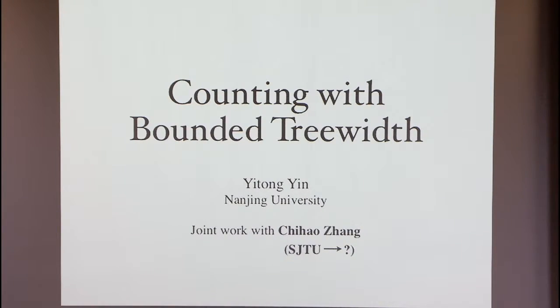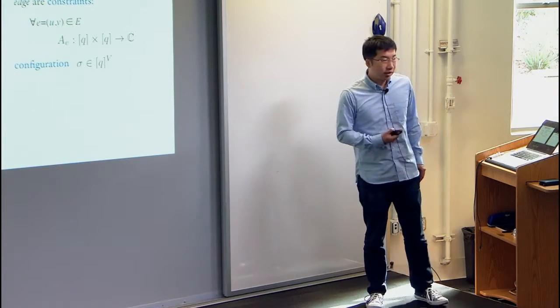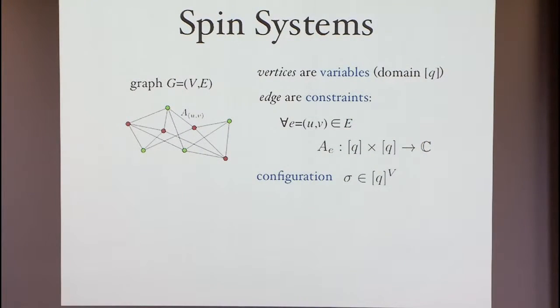This talk is about the tractability of a class of counting problems on a class of graphs. An important class of counting problems are spin systems. In a spin system, we are given a graph, and each vertex is a variable, taking values from q possible colors or states.